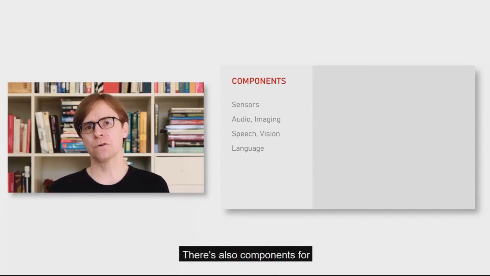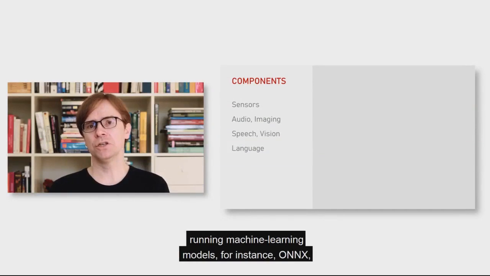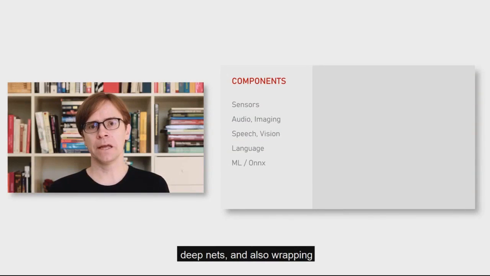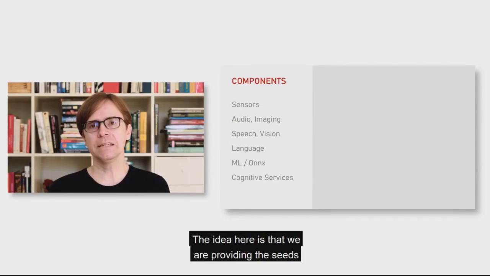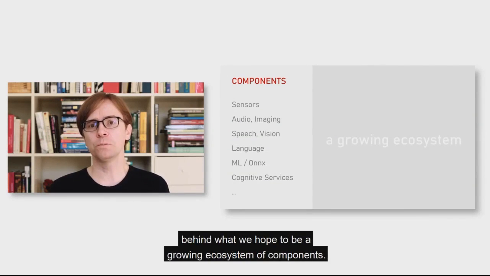There's also components for running machine learned models, for instance, ONNX, DeepNets, and also wrapping a variety of cloud services, Azure Cognitive Services. The idea here is that we are providing the seeds behind what we hope to be a growing ecosystem of components.